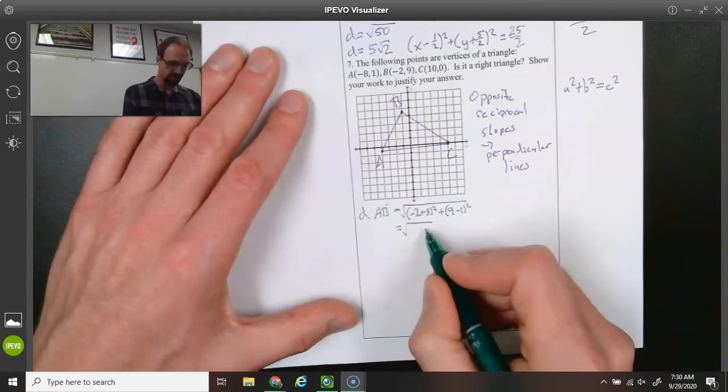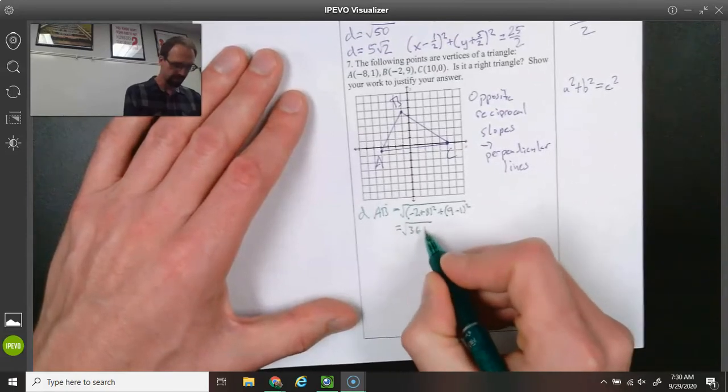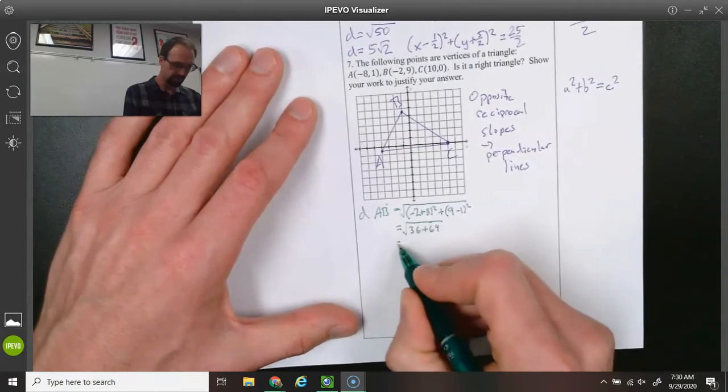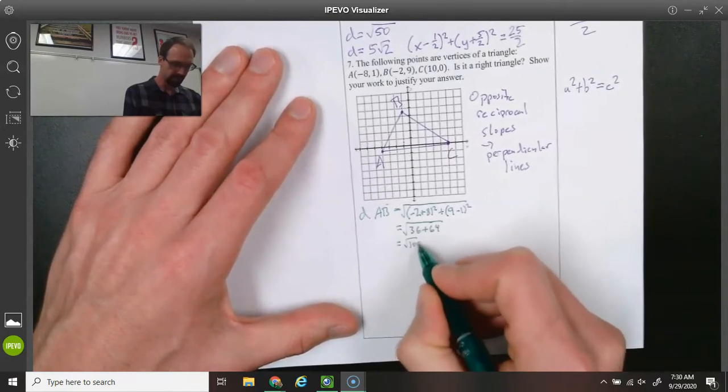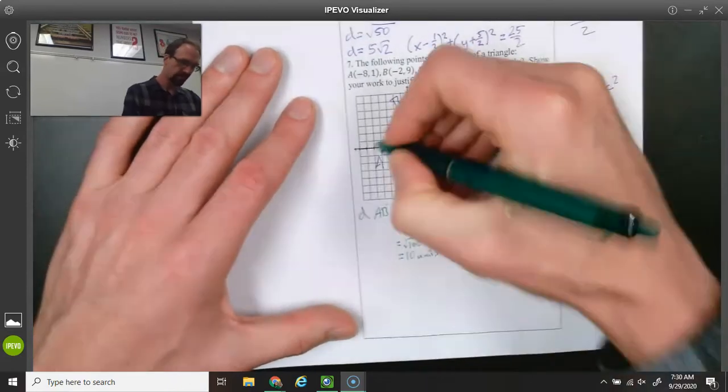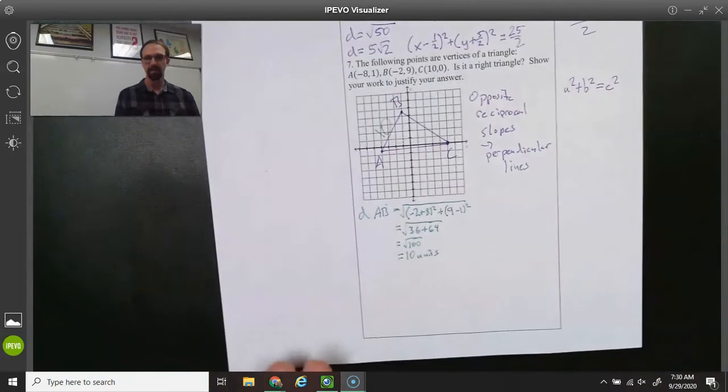So negative 2 plus 8 is 6. 6 squared is 36. 8 squared is 64. That's going to be 100. That's going to be 10 units. So this is 10 right there.